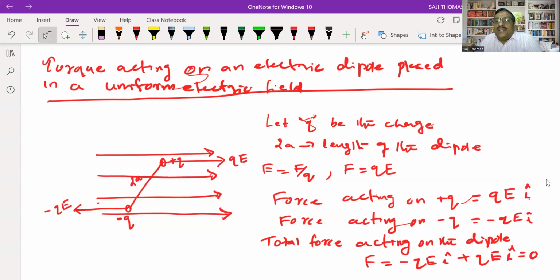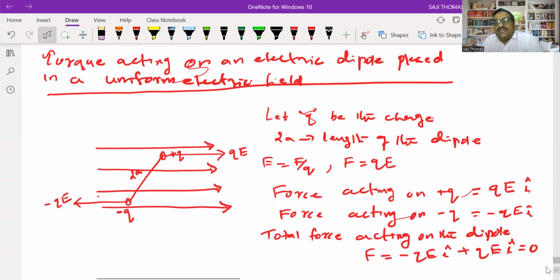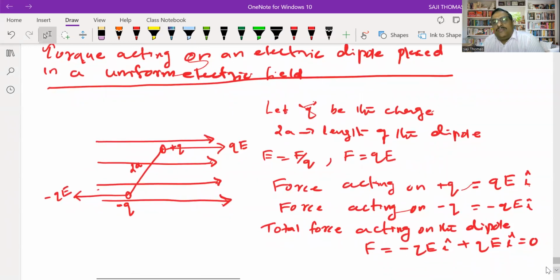So we saw that if an electric dipole is placed in a uniform electric field, there is no translatory force acting on it. Total force on it is 0.